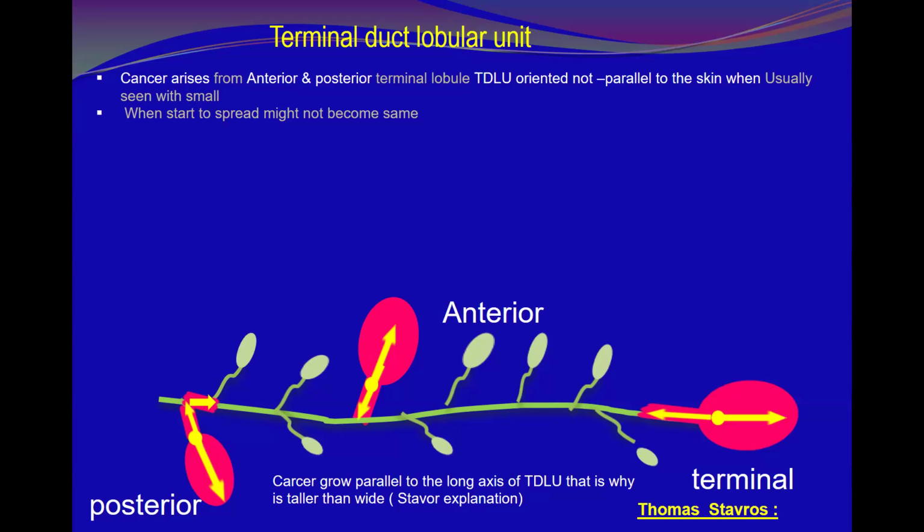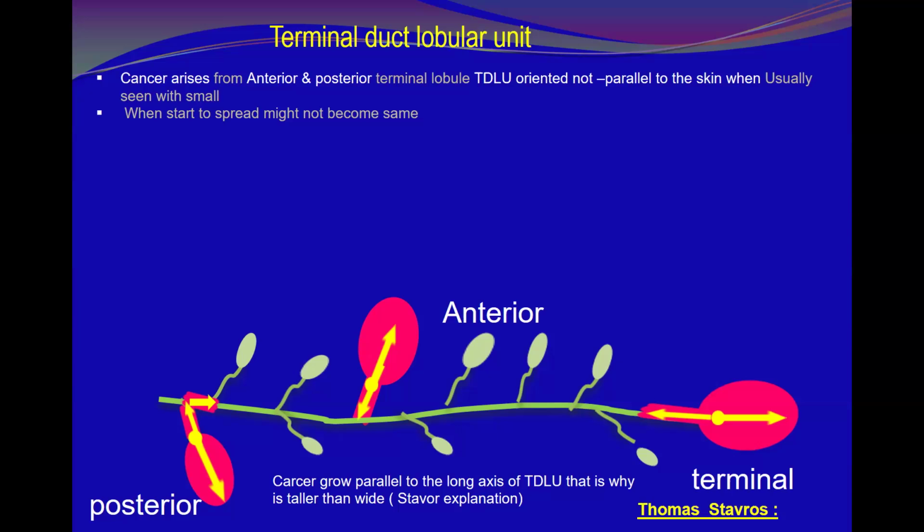Because the mass arises in the terminal duct, it looks parallel, and the shape will be rounded in the terminal. The mass arises in the terminal duct.